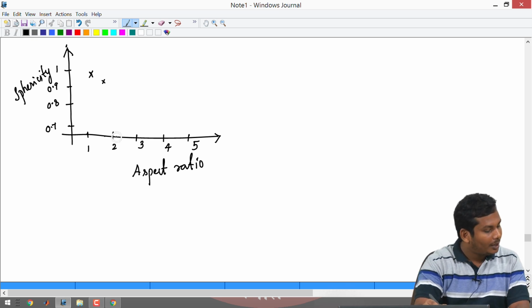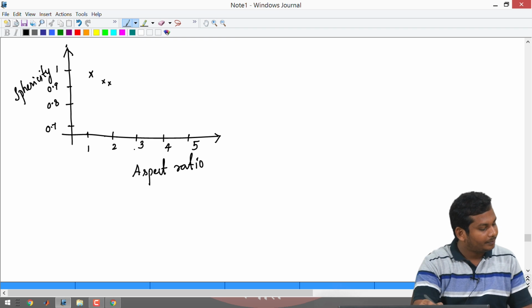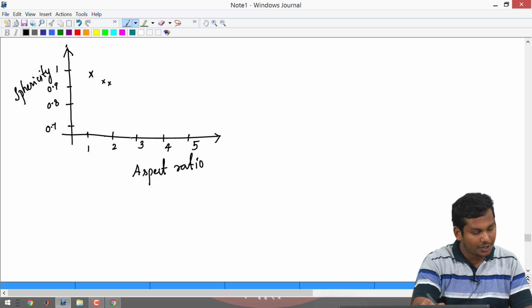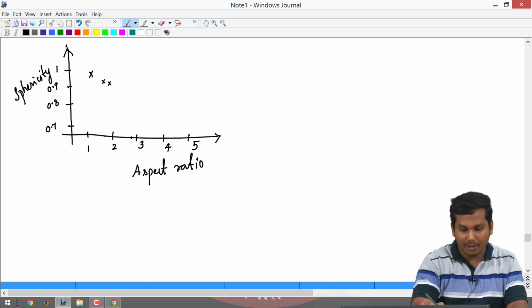0.9179, which is 0.92, which is around there, and then for the aspect ratio of 2.7, we have got the value to be 0.8714, something like that.